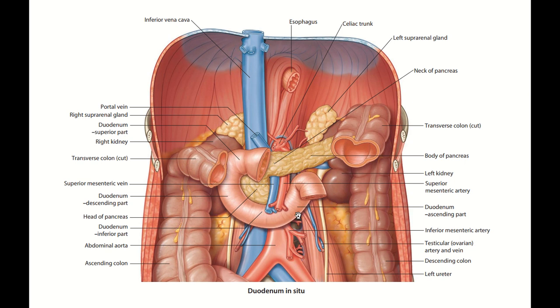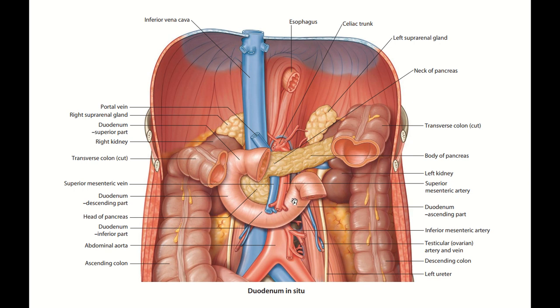The fourth part is going to ascend from L3 to L2, forming what you call the duodenojejunal junction, right?